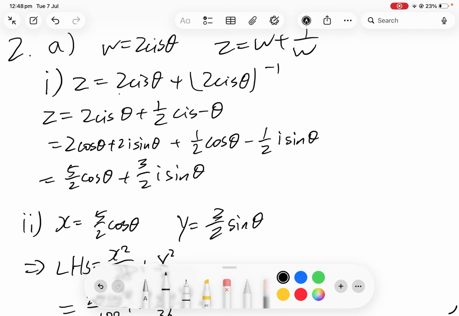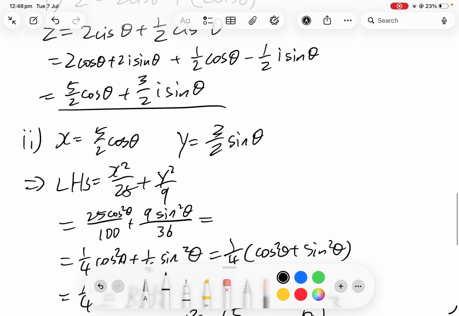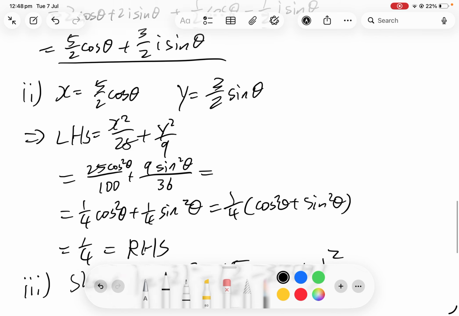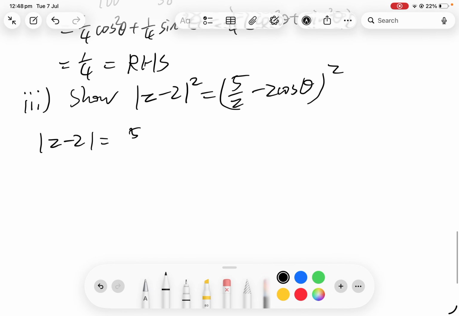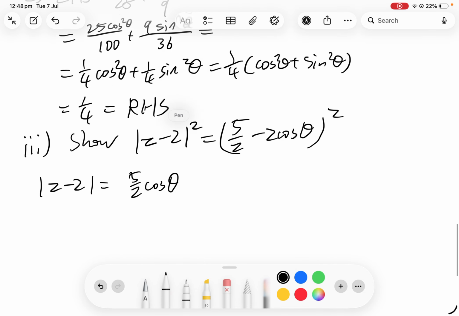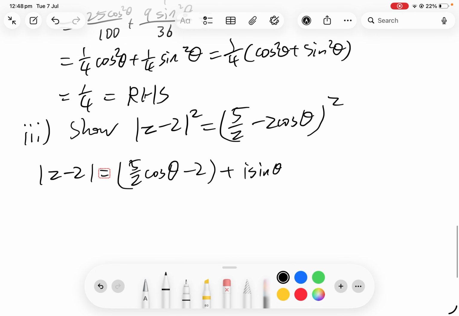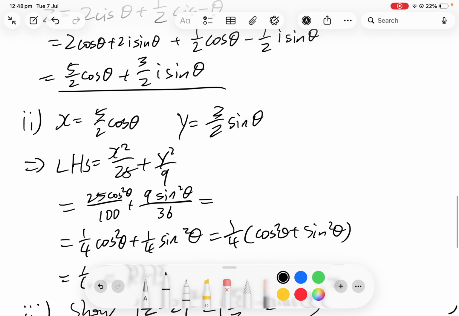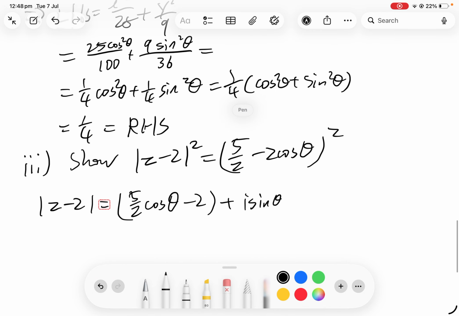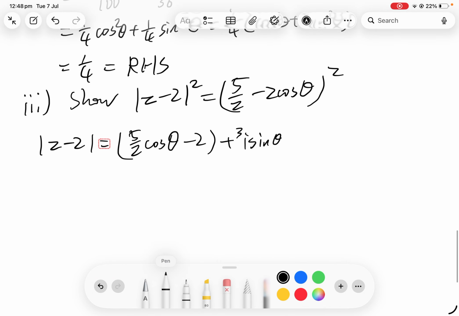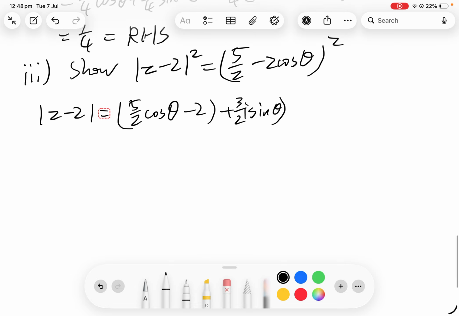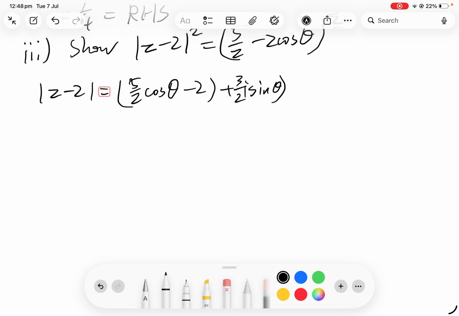stated right here. But 2 is the real part of this equation, so that's just 5 over 2 cos theta, I think, minus 2, plus i sine theta. 3 over 2, 3 over 2, i sine theta.